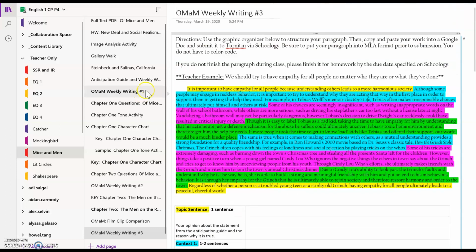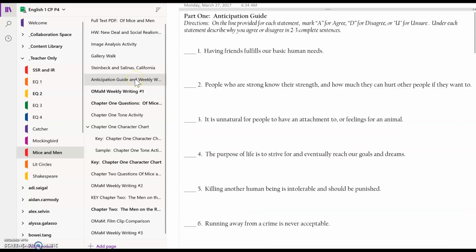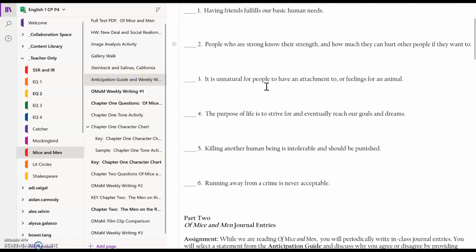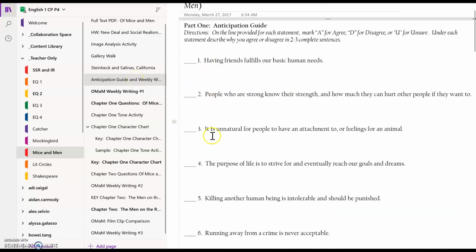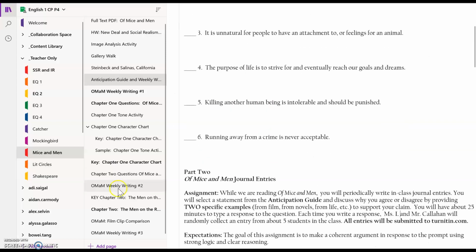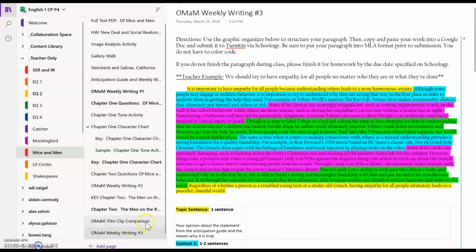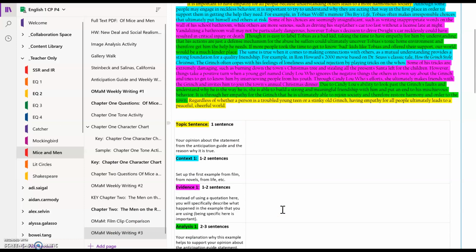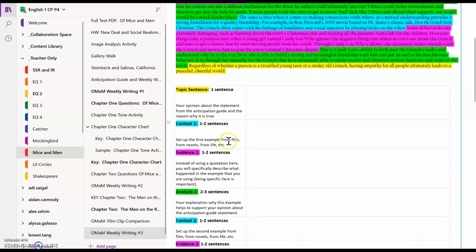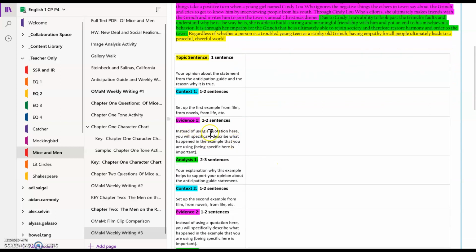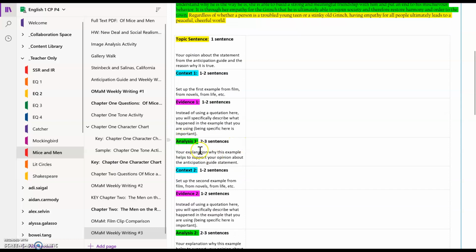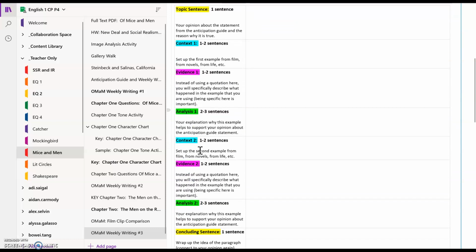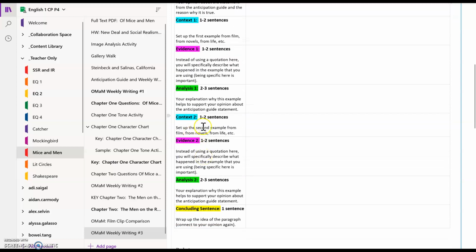So remember, you're going to take the prompt from your anticipation guide, right? It's going to be one of these 6 questions or 6 statements that you're going to use as your prompt, and then you're going to take today's class to write a paragraph, one paragraph that has a topic sentence, 1-2 sentences of context, evidence, an embedded quotation, a nice level 3 embed would be nice, a little analysis about that, and then do it all over again.